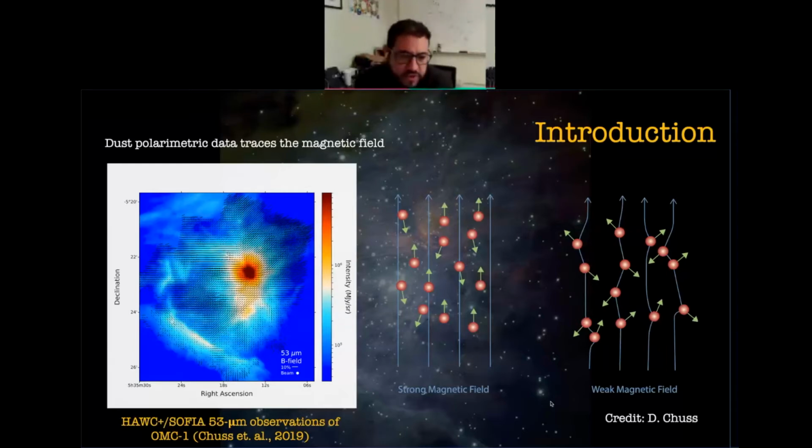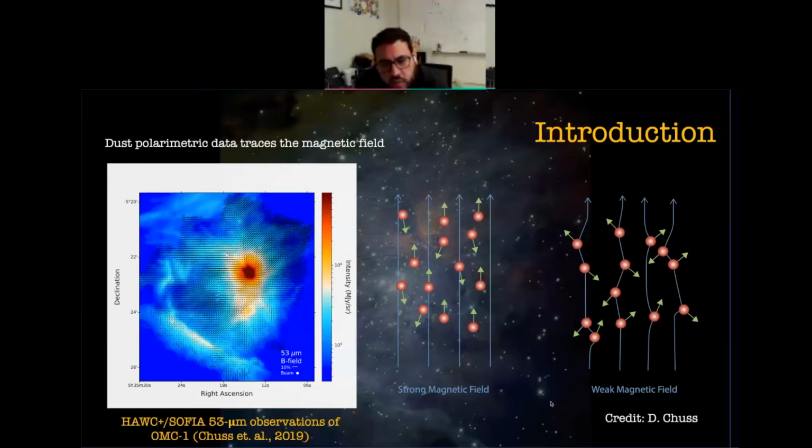Looking at this image of polarimetric data at 53 microns from HAWC+, one of the things that we know for a fact is that the dust polarization traces the magnetic field. That's the basis of the work that we do here with far-infrared polarization.